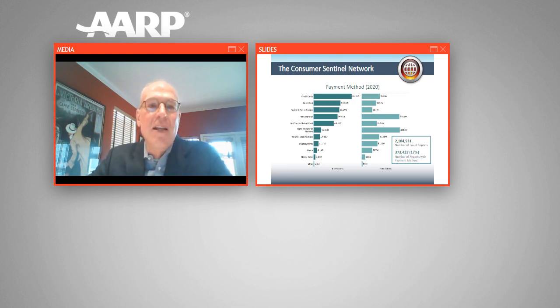The FTC on the enforcement side has actually brought a series of cases which has helped to bring this wire transfer number down a bit, because for years wire transfers was the number one method of payment in our fraud complaints. And we've sued both MoneyGram and Western Union, the two major money transfer companies, alleging that they did not do enough to keep fraudsters from using their systems to obtain money from their victims.